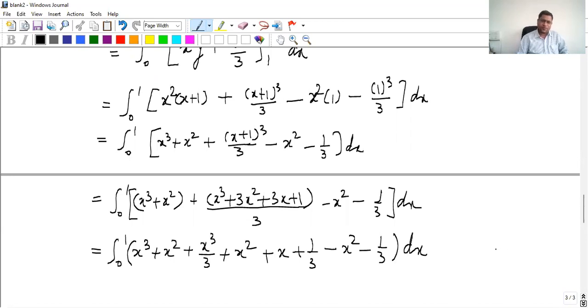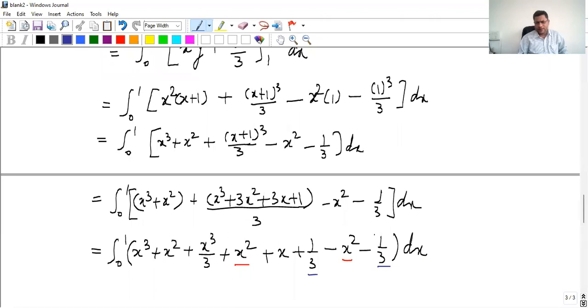Is that okay? So what you can cancel? You can cancel this x square, and you can cancel this 1 by 3, you can cancel this 1 by 3.